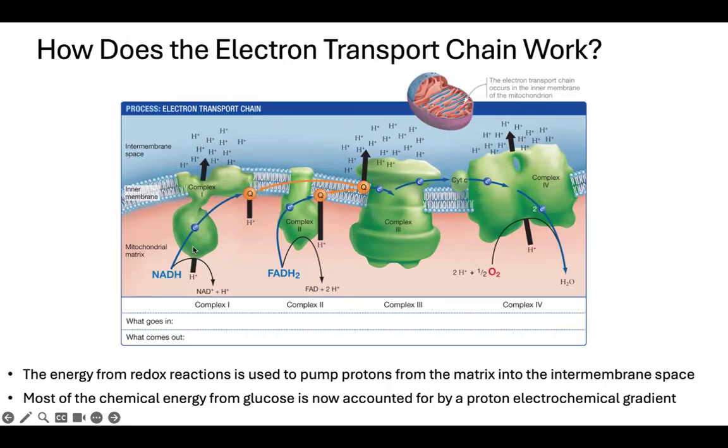So as they're losing all of these hydrogens, those hydrogens are carrying the electrons in those orbitals. And they're starting to build up. You see here, they're starting to build up in the intermembrane space, in between the inner membrane and the outer membrane.